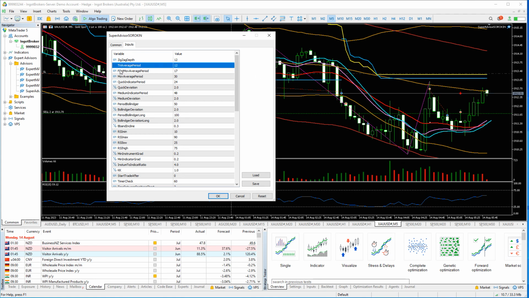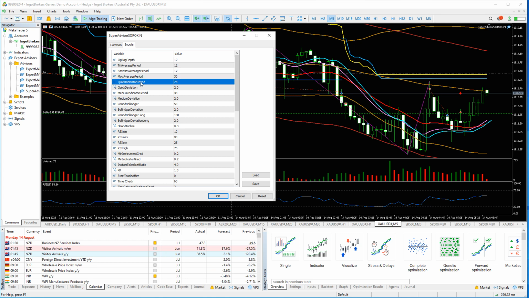So after that, we have the triple exponential moving average. I put it on the screen like a light blue line. We have a fast moving average with a shorter period, and we have a moving average with a longer period.